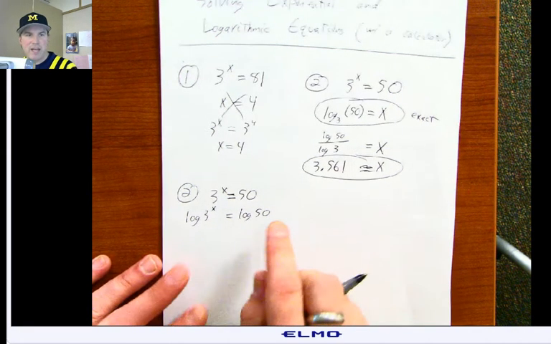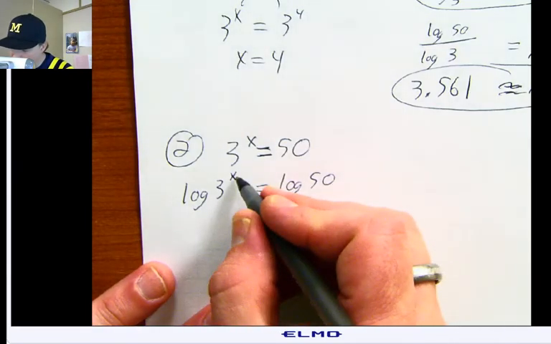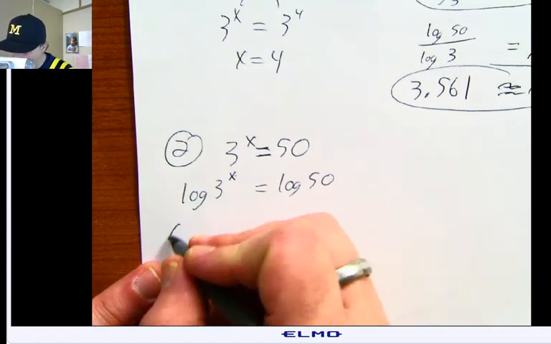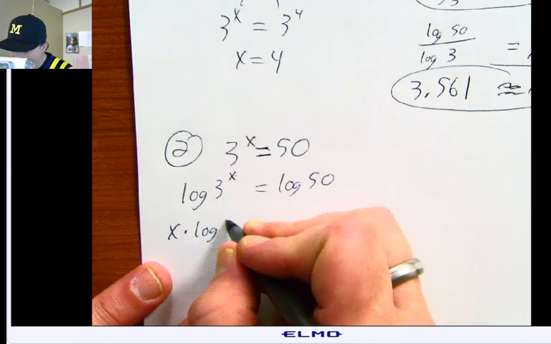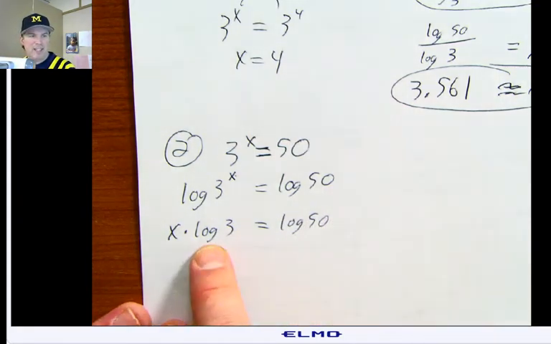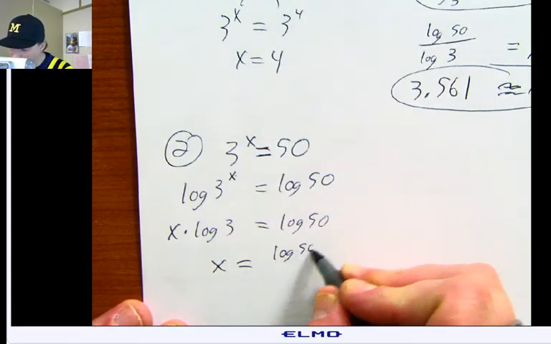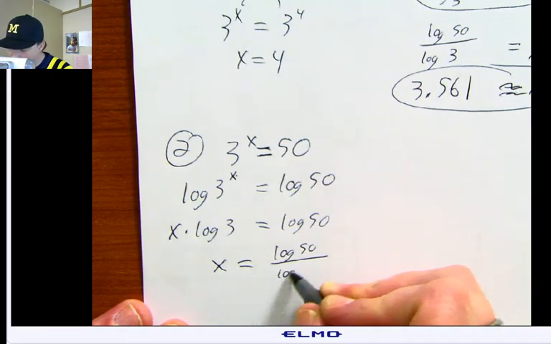And then I could use that exponent rule, that this exponent on this x has to go out front. So x times log of 3 equals log of 50. And then to get x by itself, I could just simply divide both sides by log 3. And I get x equals log 50 divided by log 3.